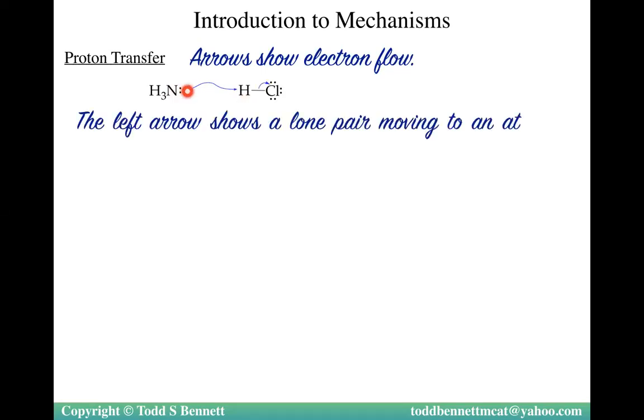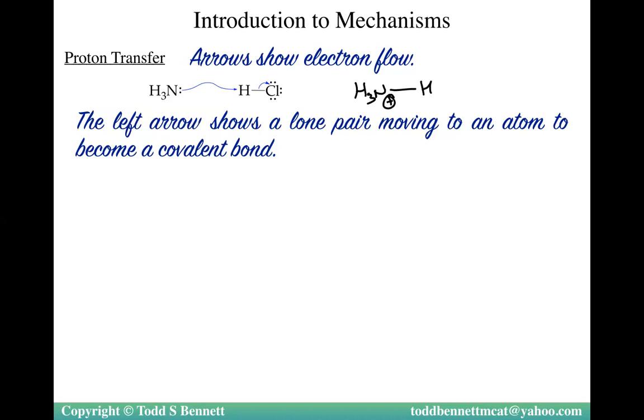When it attacks the hydrogen, it's going to literally steal it and push the electron density over to chlorine. Meaning, I will now have the following. I'll have H3N like I had before, but now it's bonded to an H and it carries a positive charge. And I will have Cl with the original 3 lone pairs and a 4th lone pair for a negative.